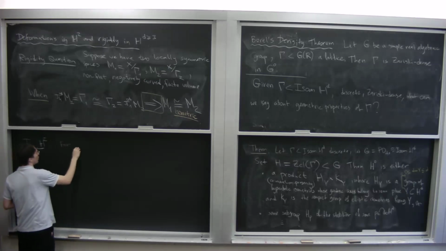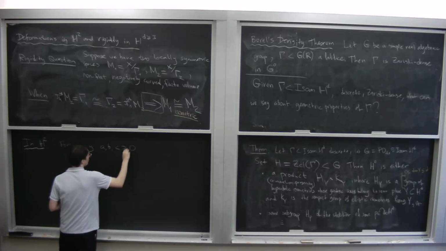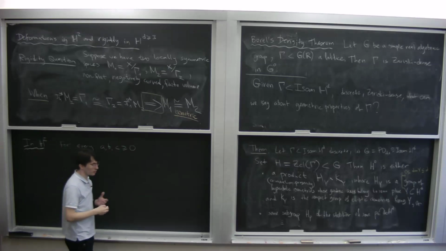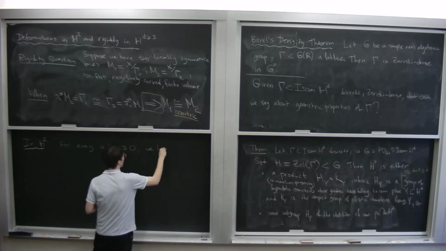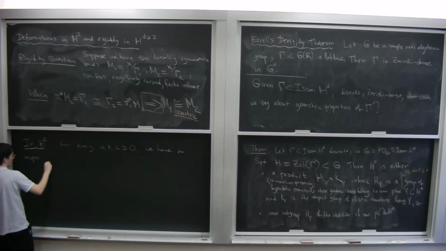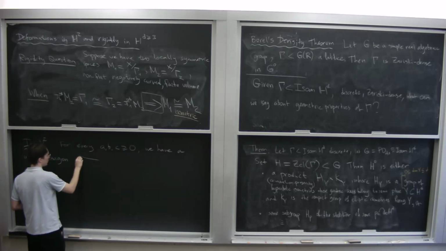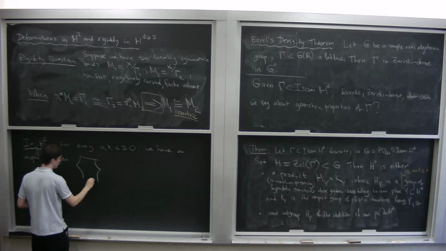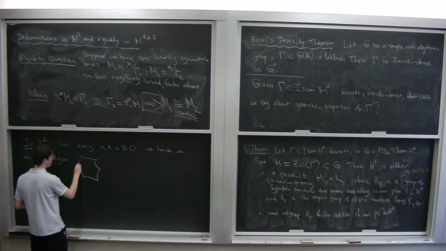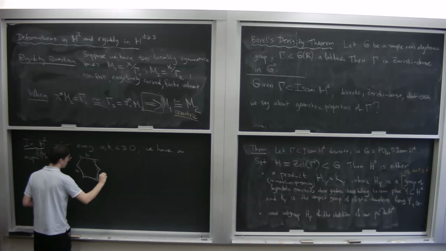So for every A, B, C greater or equal than 0, I have a unique right-angled hexagon, and I will just draw it here, with sides A, B, C.